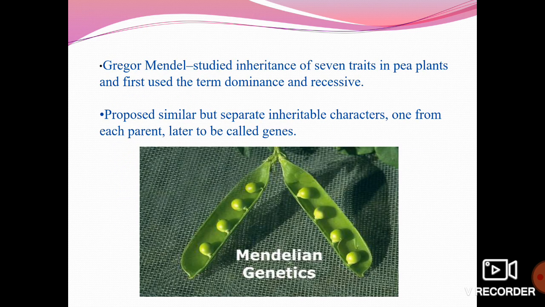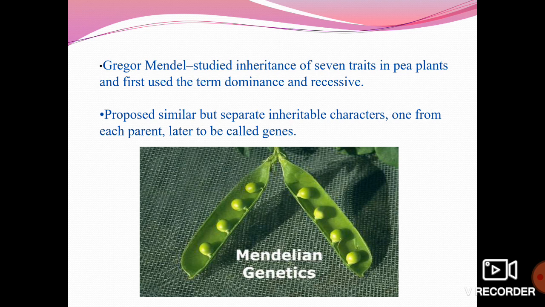Gregor Johann Mendel studied the pea plants and selected 7 traits, 7 characters. He was lucky in a way that the characters he chose were in different pairs of chromosomes. In your first year, you have studied about the chromosomes, and you are well aware of the fact that chromosomes are in pairs, homologous chromosomes.